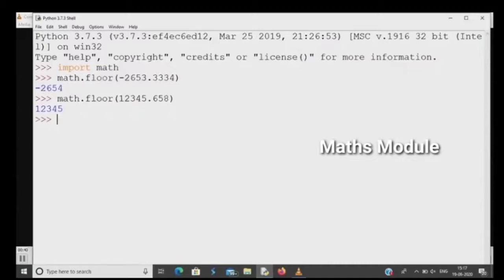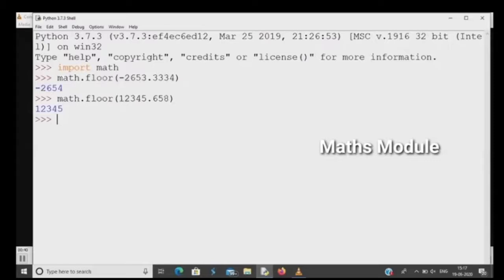Then why is -2653 converting to -2654? So it gives the lowest number. Very good, correct. It will pull you towards the lowest value nearer to that number.